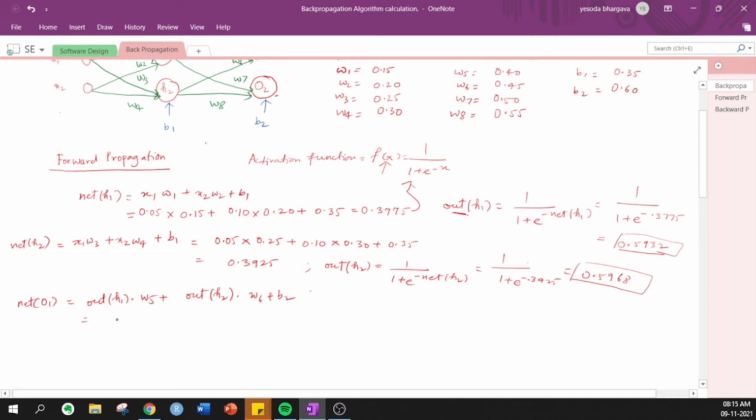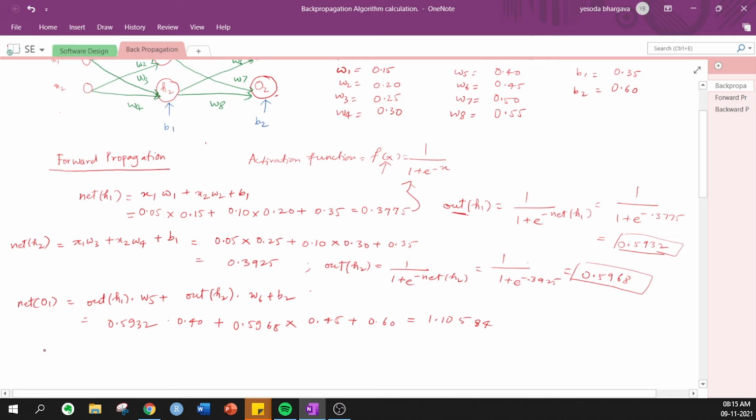So this comes out to be 0.5932, because output of H1 we computed was 0.5932 into 0.40 plus 0.5968 into 0.45 plus 0.60, which is the bias term. When we compute this, it comes out to be 1.10584.